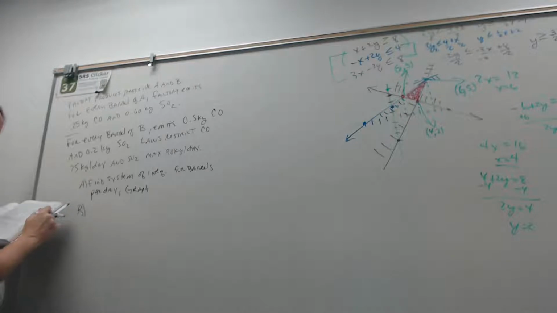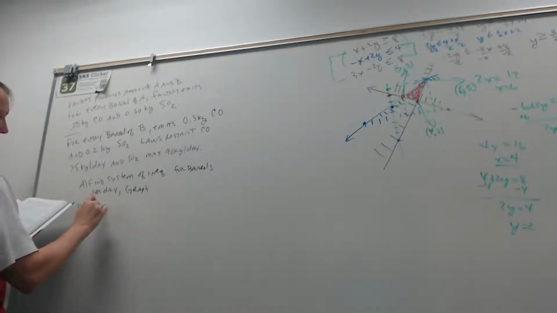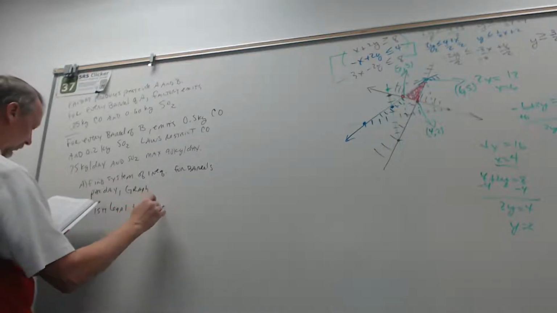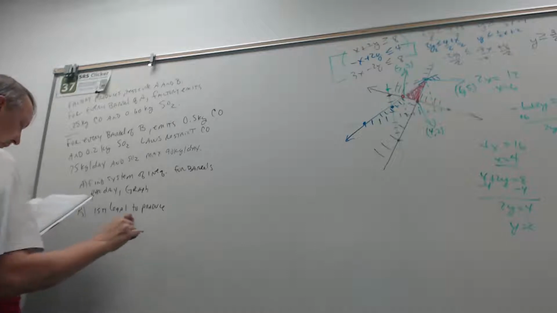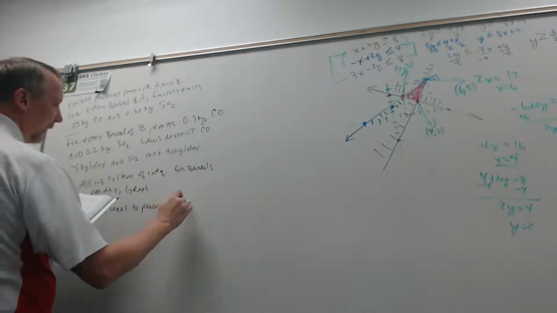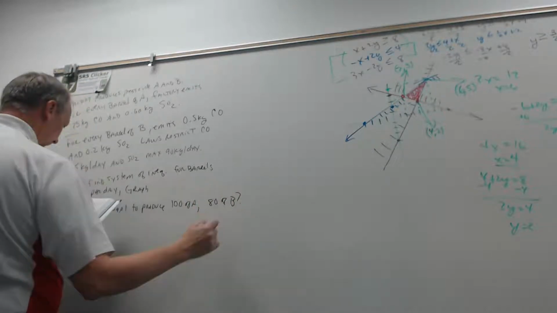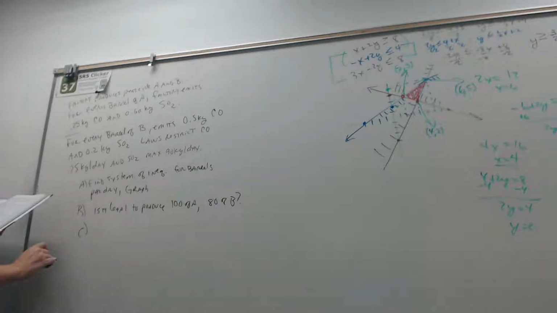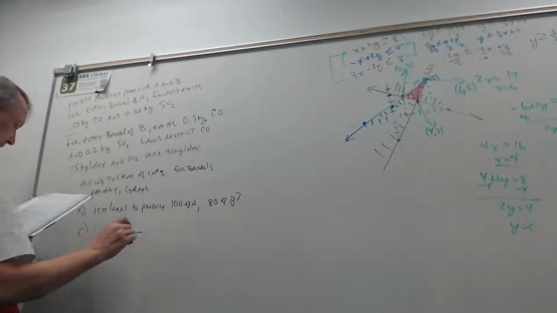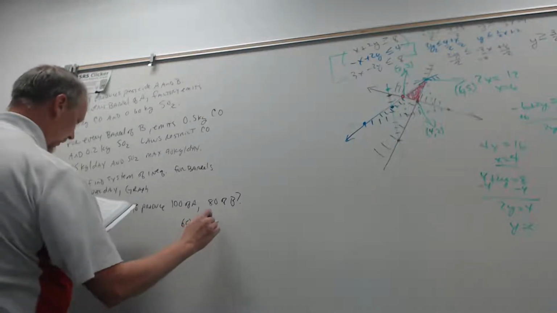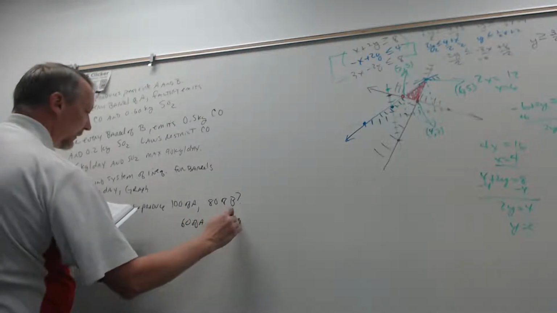Part B: is it legal to produce 100 of A and 80 of B? And part C: is it legal to produce 60 of A and 160 of B?